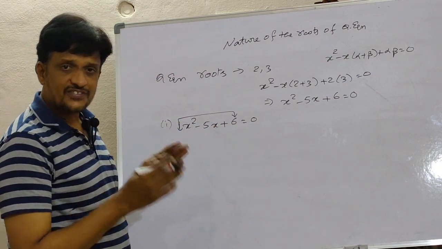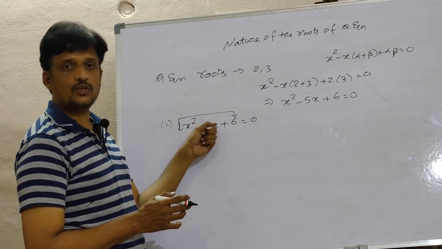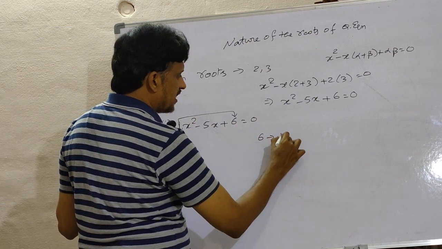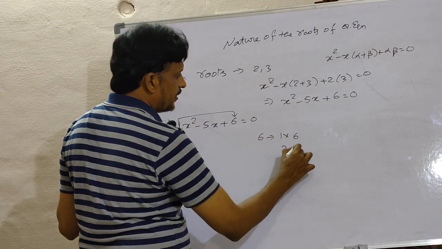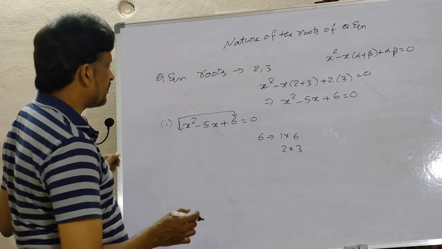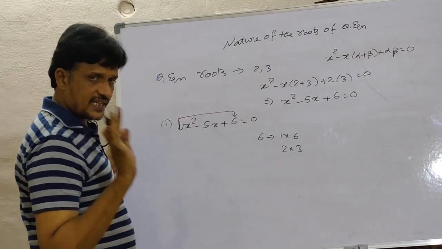Now we have to write factors of 6 so that either the sum or the difference of those two is equal to the coefficient of x. So just observe, 6 you can write as 1 into 6 or 2 into 3. Then which one do you have to choose? This is one important case here. If you consider 1 and 6, 1 into 6 is 6, that is okay, the required one.